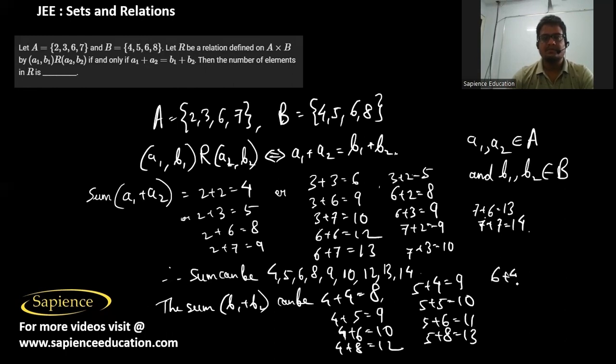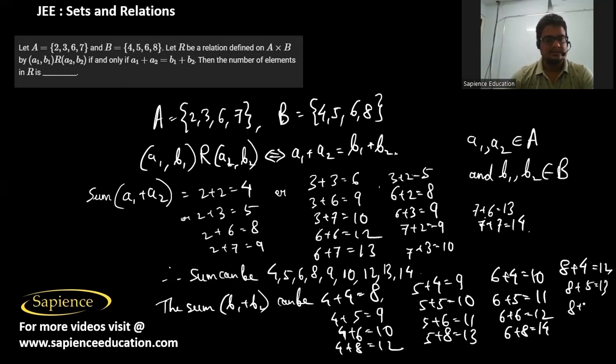Then 6 plus 4 is 10, 6 plus 5 is 11, 6 plus 6 is 12, and 6 plus 8 is 14. And 8 plus 4 is 12, 8 plus 5 is 13, 8 plus 6 is 14, and 8 plus 8 is 16.